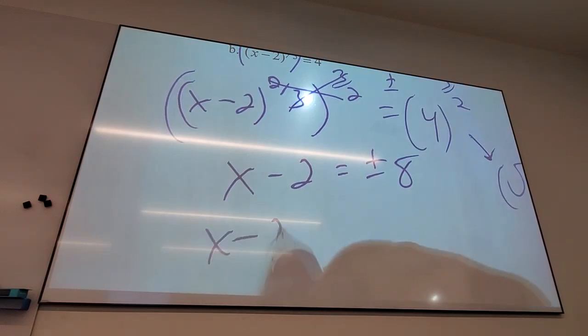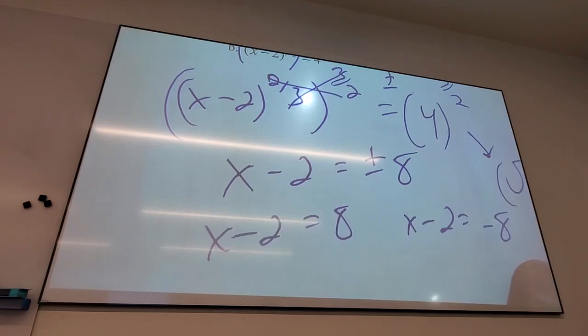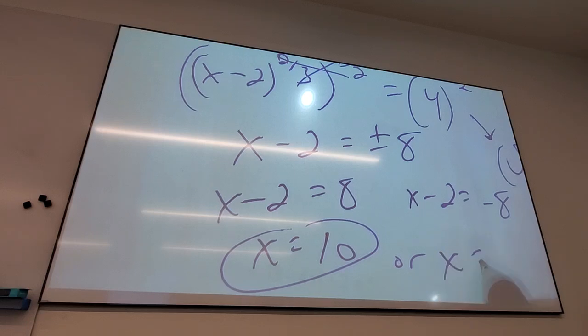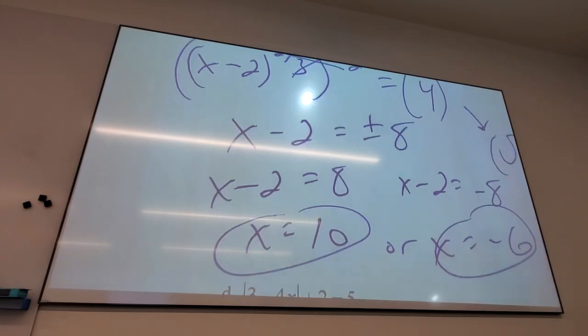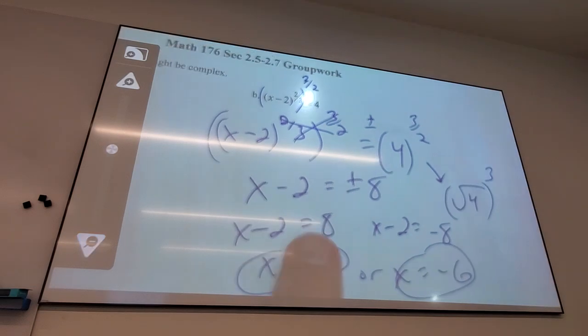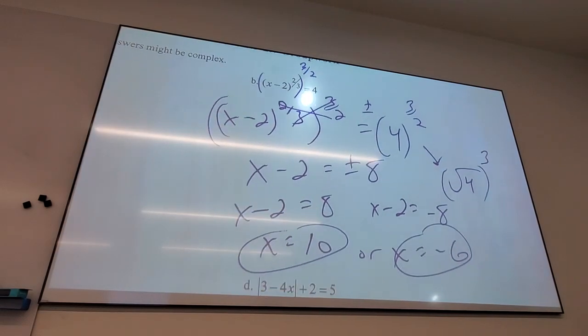Yeah, so you can even do this if you want to be safe. Plus or minus 8. So x equals 10, or x equals negative 6. Now, I circled those and I really shouldn't have. Well, we're okay actually, because it's a cube root on the side. We're okay.